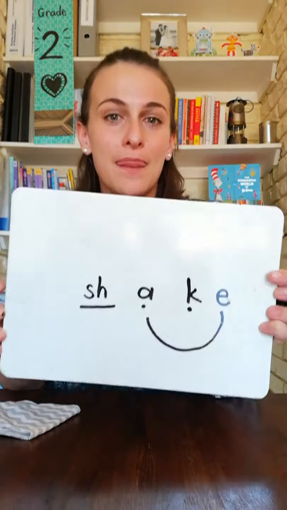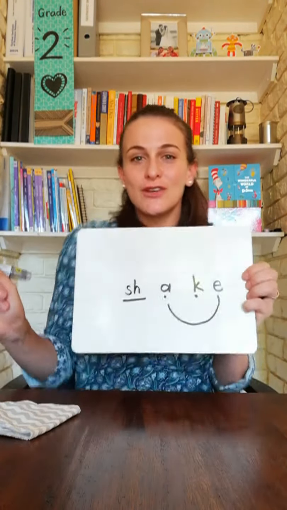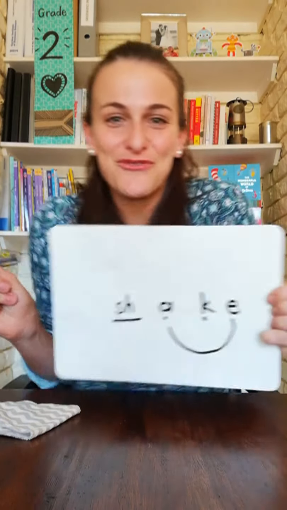Shake. Sh. A. K. And then we know we have the naughty E on the end. Okay, I'm going to give you 5 seconds. Okay, let's see. Shake. Shakety shake shake. Everybody quickly shake your shoulders. That's how you write shake.